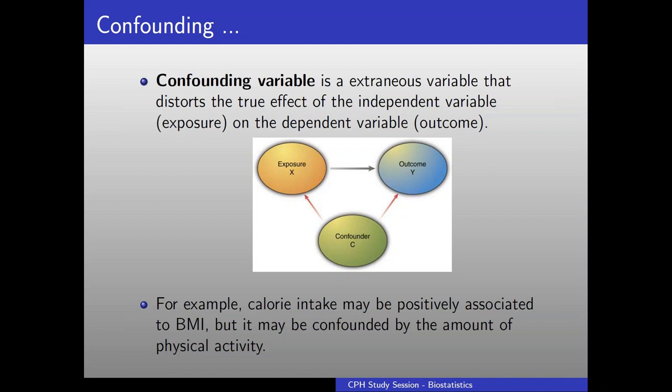So exposure would be calorie intake and the outcome would be BMI. However, it would be confounded by the amount of physical activity you do. Somebody who exercises a lot would have lower BMI, so the outcome is affected. But somebody who does a lot of exercise may also eat more because they need more energy. So it might also affect the exposure.